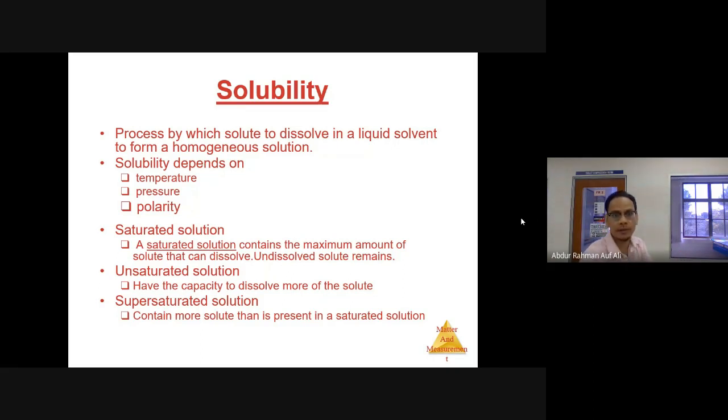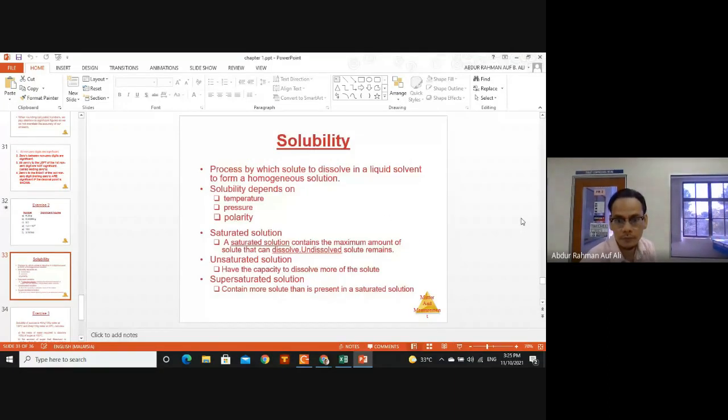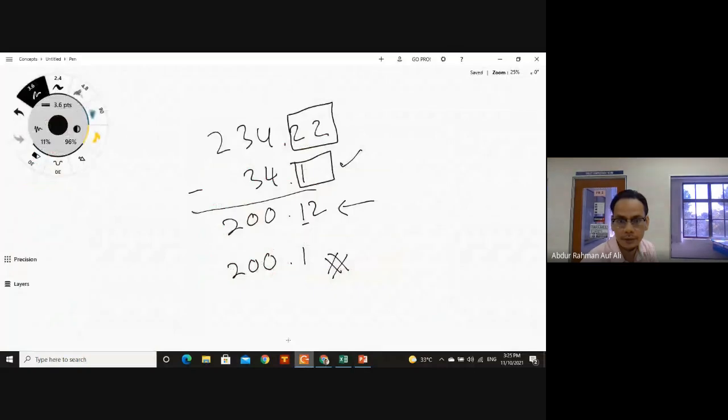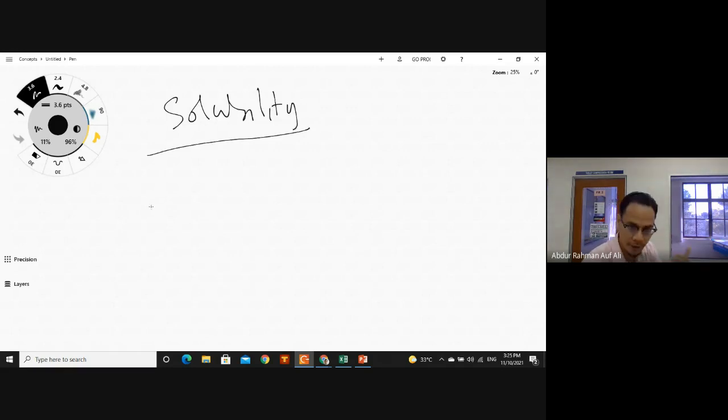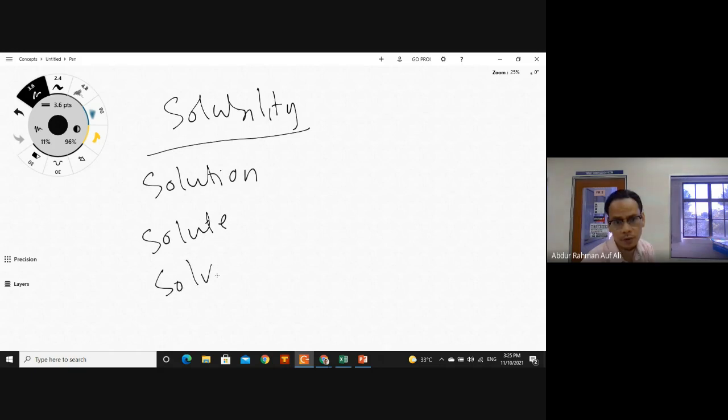So ada a few terms yang kamu kena faham. Okay, so insolubility, these are the terms. Solubility. So these are the terms yang saya nak kamu grind into your head. Kita ada solution, we have solute, and we have solvent.